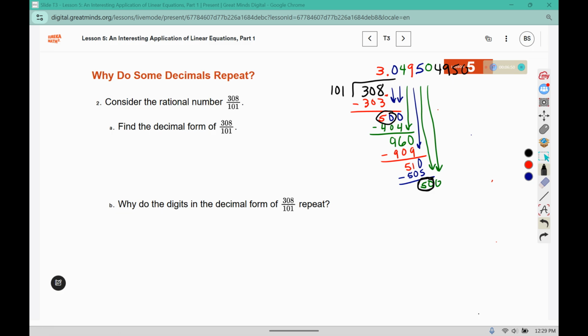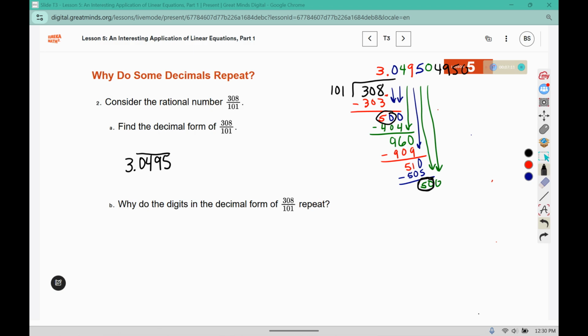So the way that we would write that is 3.0495, and the chunk that repeats is from the 0 to the 5. So we're putting a line over this section. We don't need to continue writing out repetitions. We just put a line over the chunk that repeats.